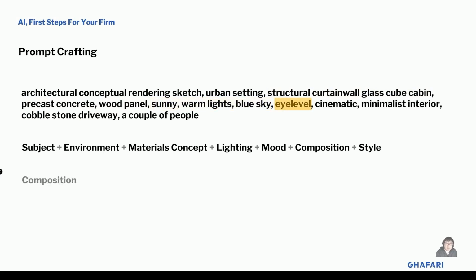And I added eye level to help with the composition. And cinematic, minimalist interior, I added as the style. All these can help to create a better output in the image generation.